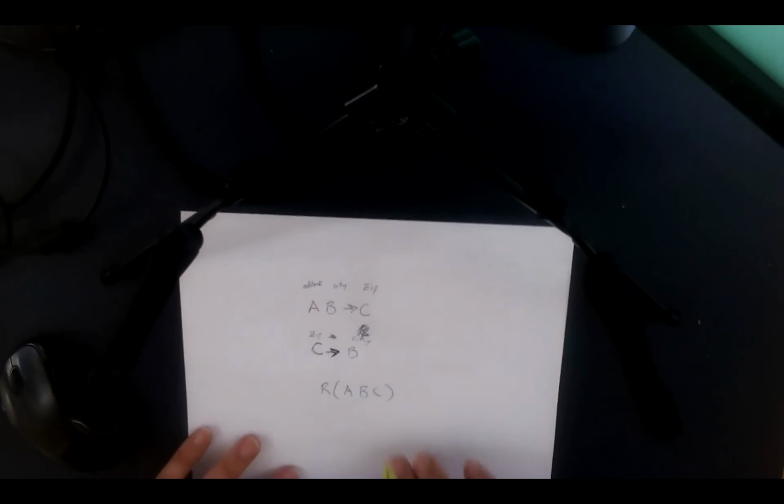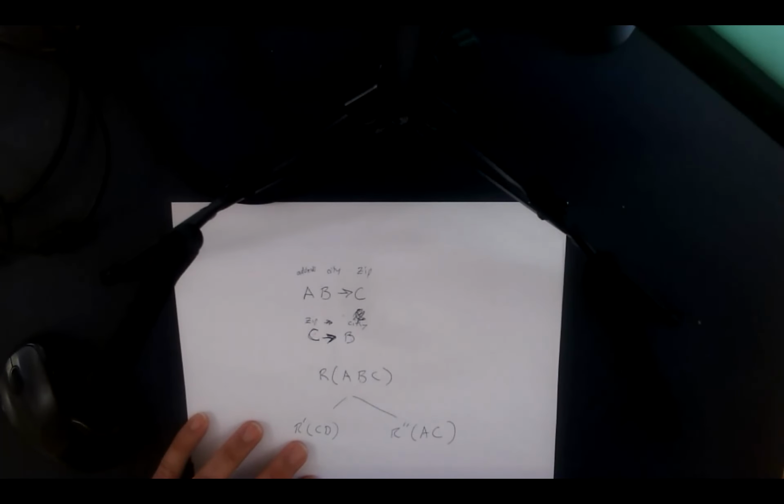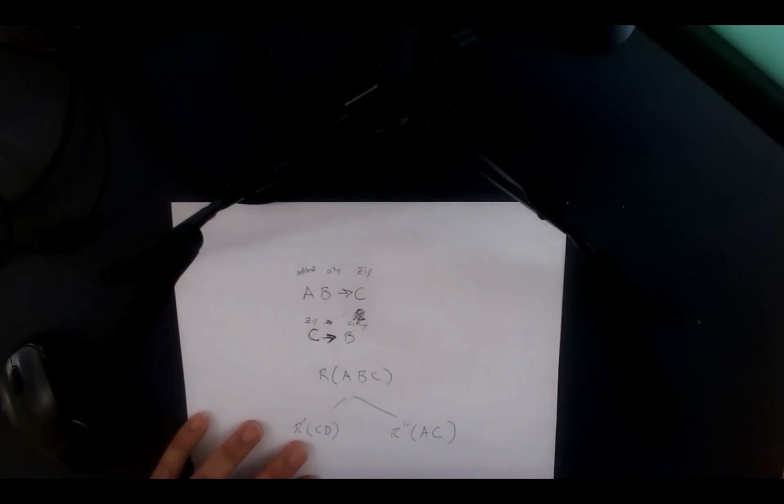So let's say, fine, not a problem. Let's just bust this thing down, let's do a decomposition then. So this is the offender, CB is the offender. That means that the decomposition would be R prime, CB, and then R double prime, AC. We do the closure of this and we project it.